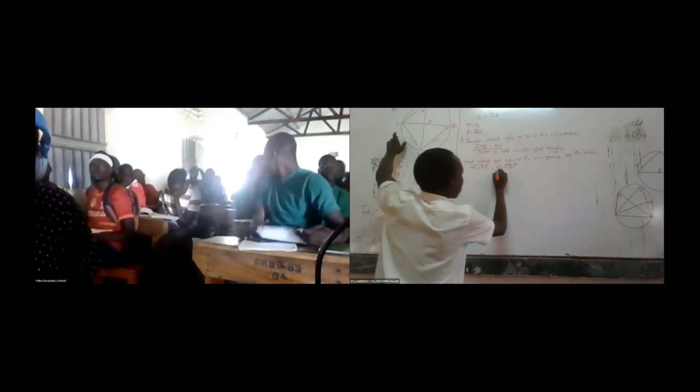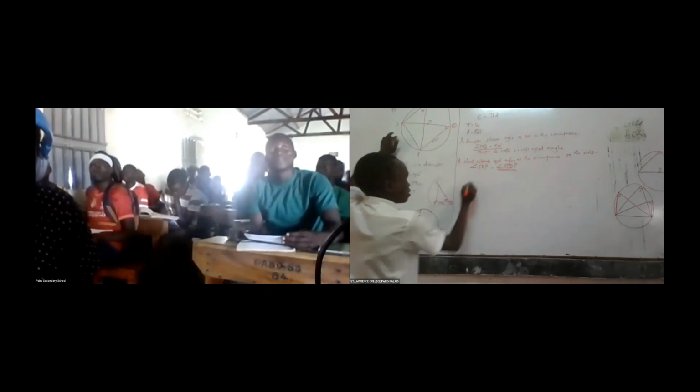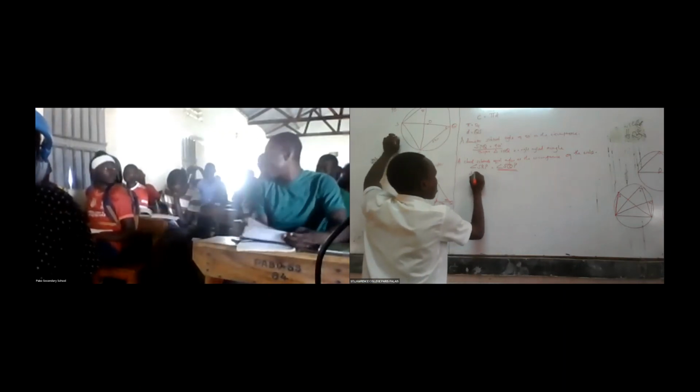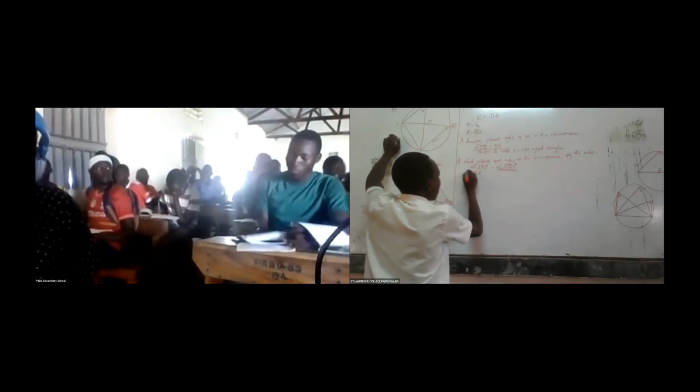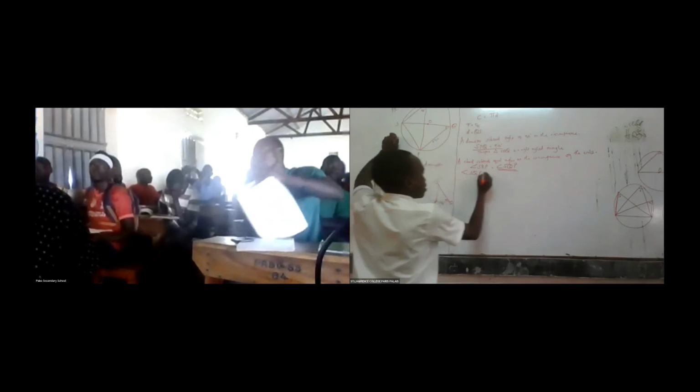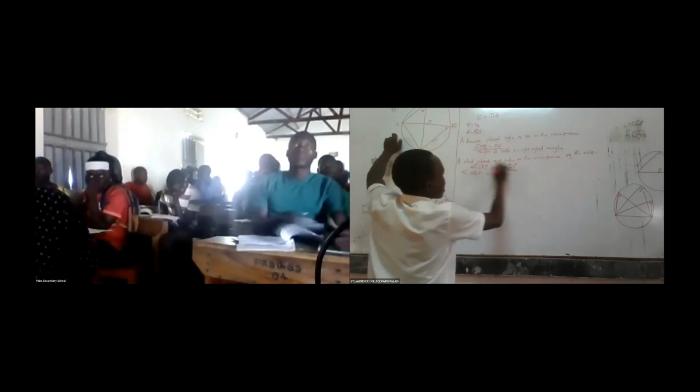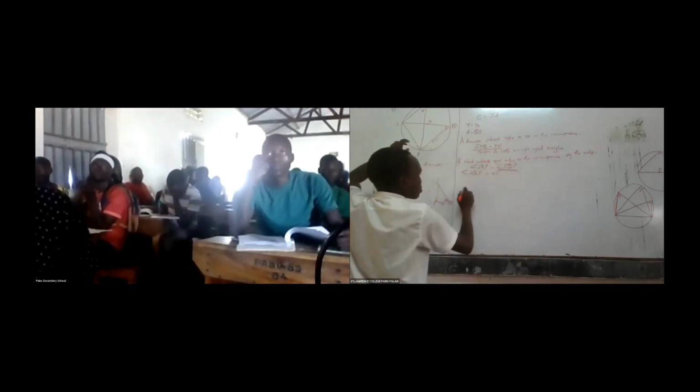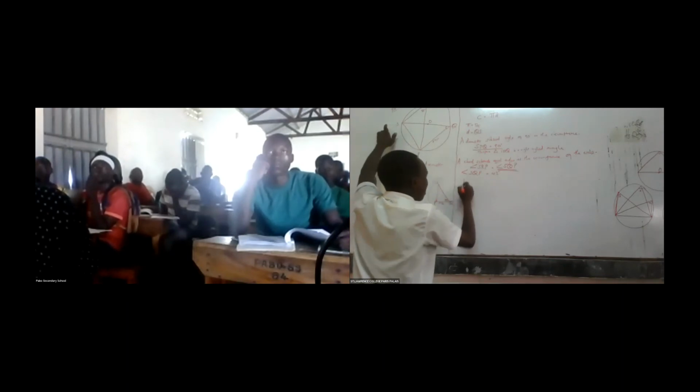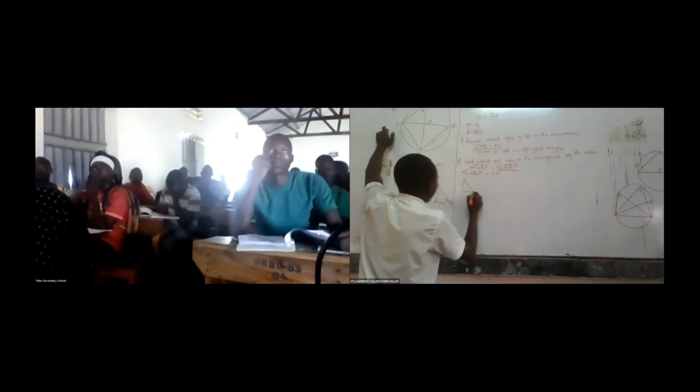Therefore, remember we are looking for this angle here, angle SQP. Angle SQP is equal to 42 degrees from this property that has been stated above. So this will give us a right angle triangle.